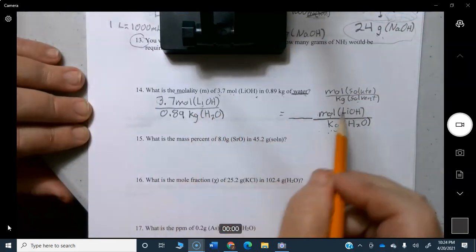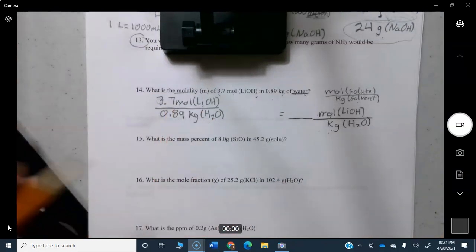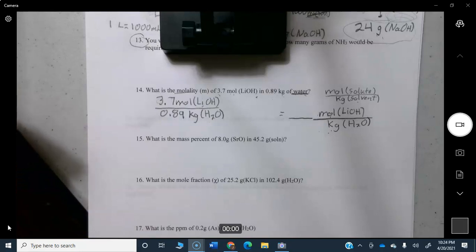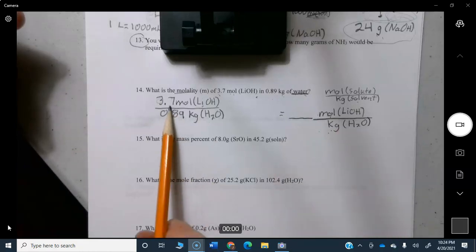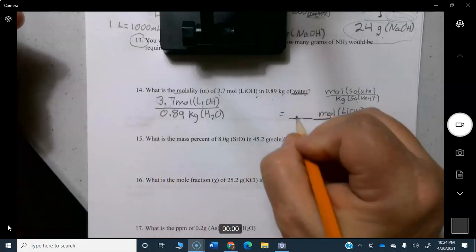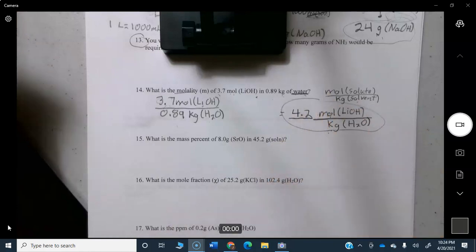Okay, so we already have the units. We don't need to make any conversions. We just have to do the math here. So 3.7 divided by 0.89, and that's going to give you 4.16, but we can only have two significant figures anyway, so call it 4.2. And that's all there is to that problem.